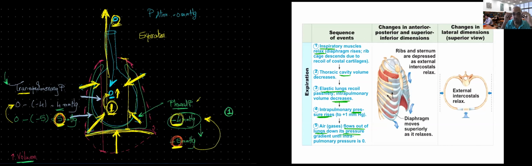That's why we said that the pulmonary pressure, or intra-alveolar pressure, is almost always equal to zero. Almost always, excuse me, almost always equal to the atmospheric pressure. Questions?